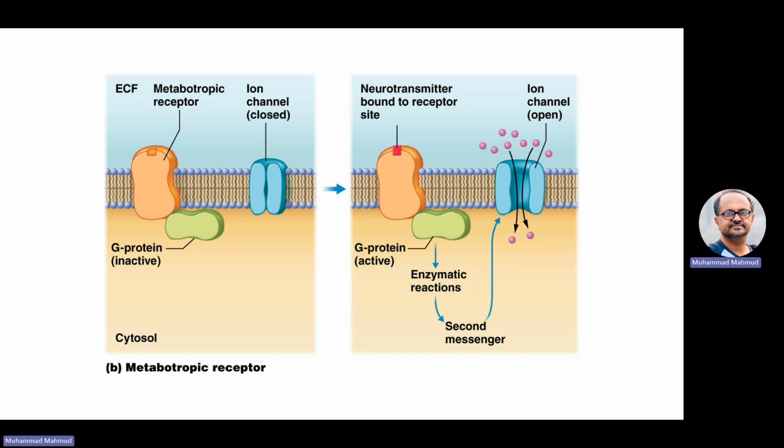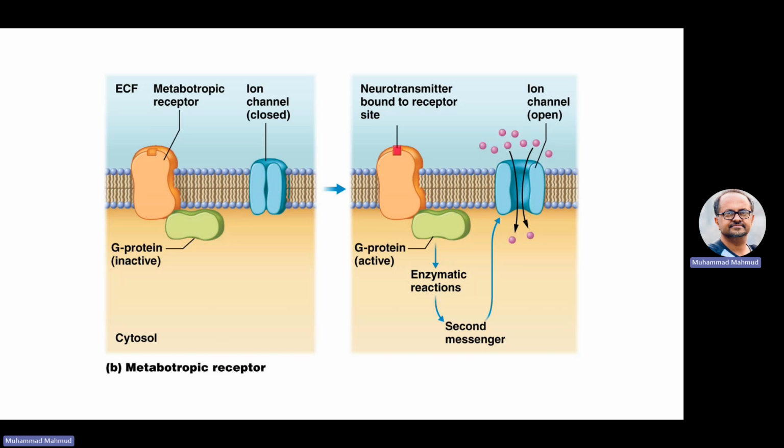The moment the neurotransmitter, that red square dot, is bound to the receptor, this will activate the G protein, that green color. There will be enzymatic reactions. It will make a second messenger. That second messenger will make this ion channel open for the ions to move in and out. So this is metabotropic receptors.